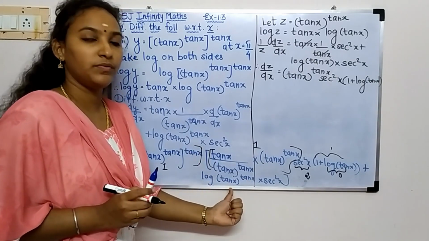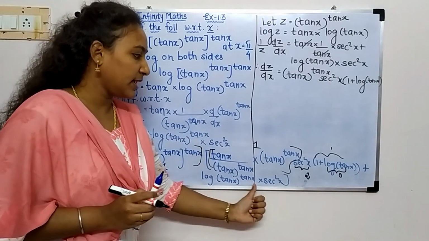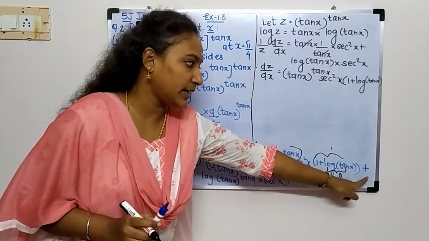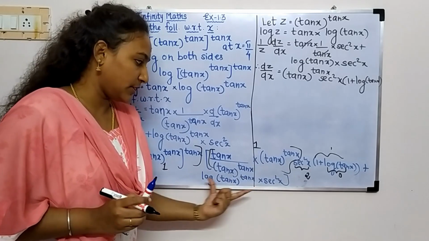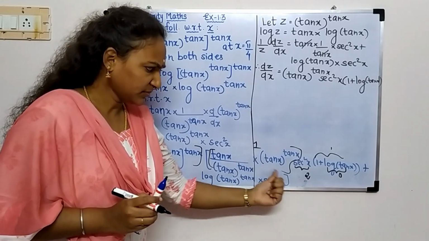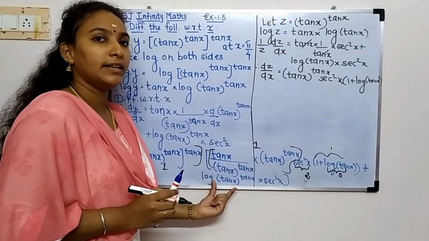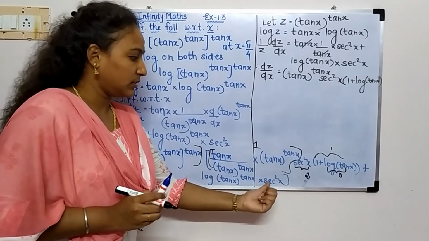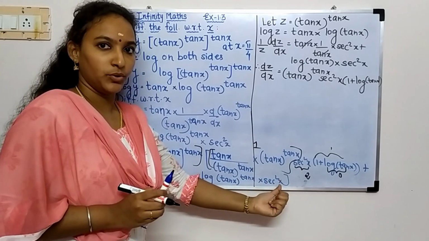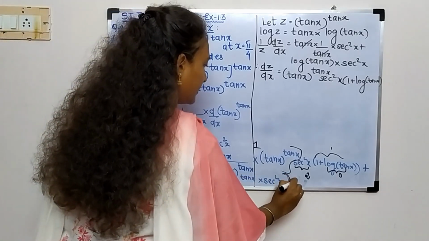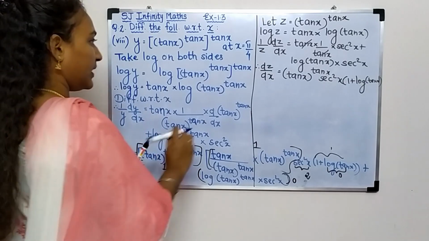Log of 1 is 0, and 0 into sec square x is 0. We have a plus over here and this is a 0 term. No need to calculate sec square x because this log term is becoming 0. If you calculate, this will be 2, and 2 multiplied by 0 is 0. So this is 0.